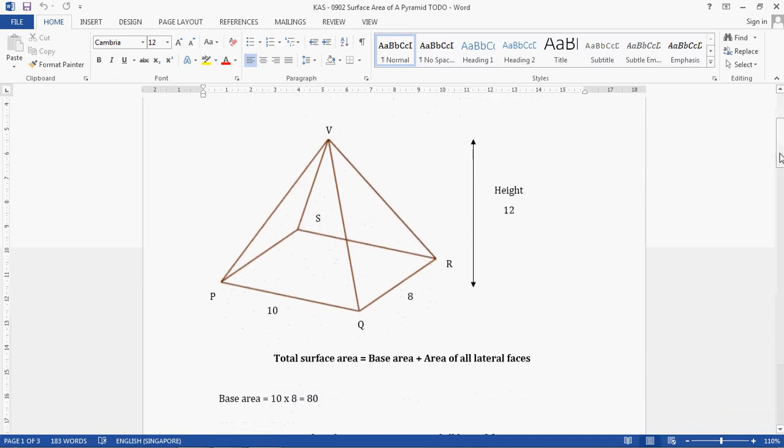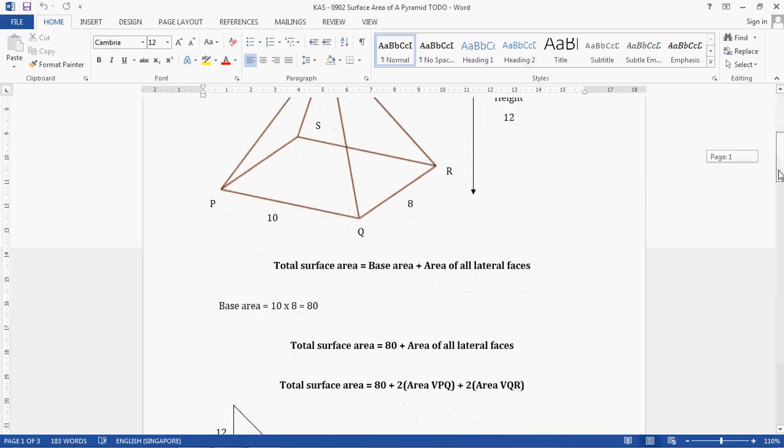So the base is a rectangle, so 10 and 8. Alright, so we have the width as well as the length. You multiply that, you get 80. So now I can replace the base area with 80. So I got this part.